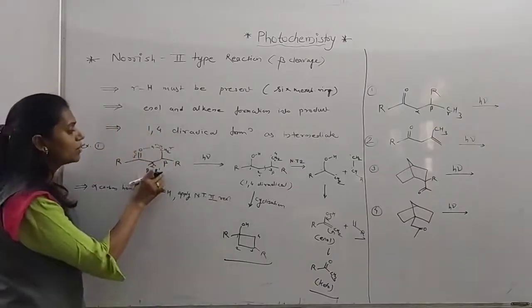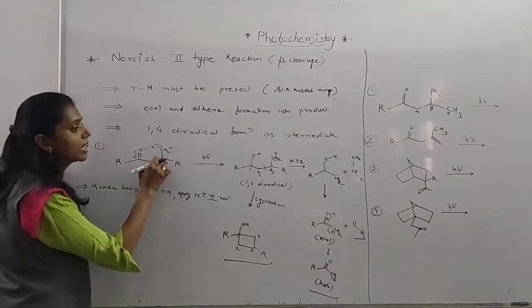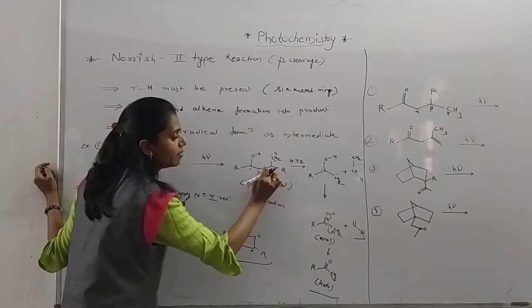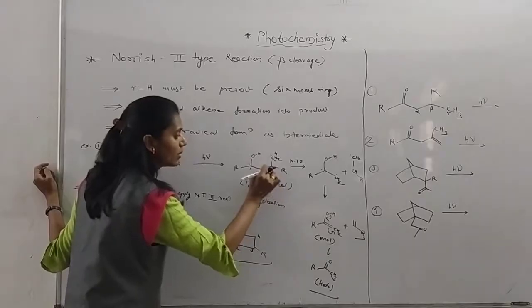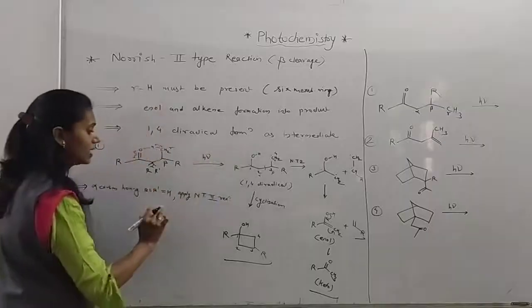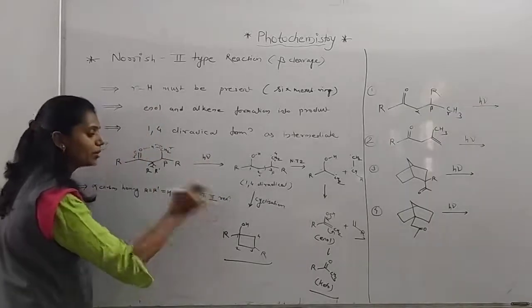Okay, what is Norrish type 2? That means we cleave the bond by beta cleavage, in between the 2 and 3 carbon atoms, or we can say in between the alpha and beta. So we apply the Norrish type 2 reaction.